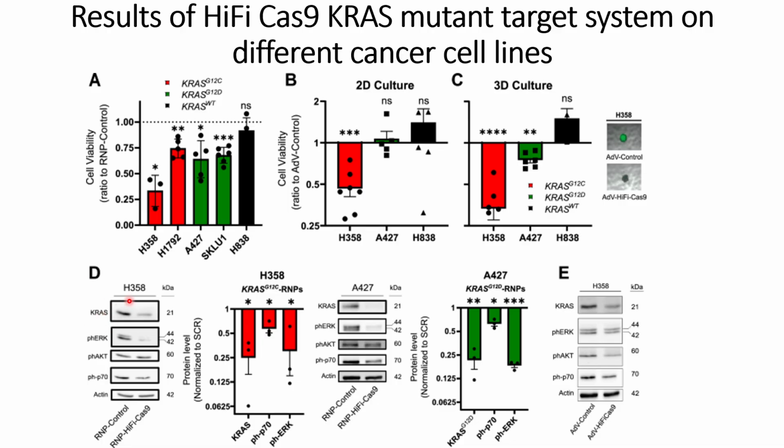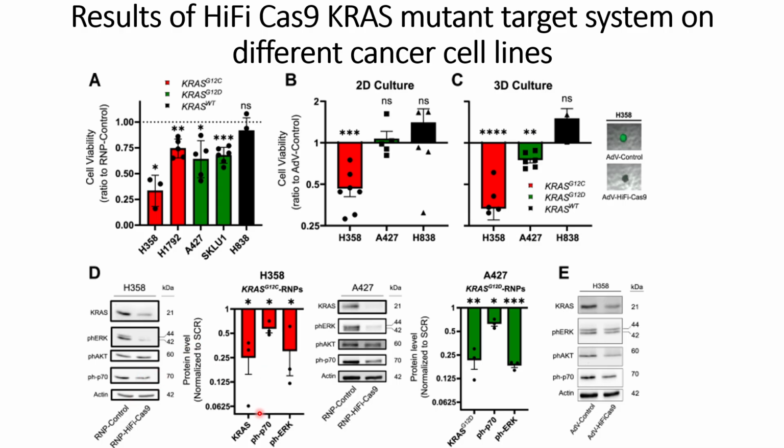For the KRAS G12C mutant H358, they see reductions, and simultaneously they see reductions in the phosphorylation of the ERK pathway and the P70 pathway.